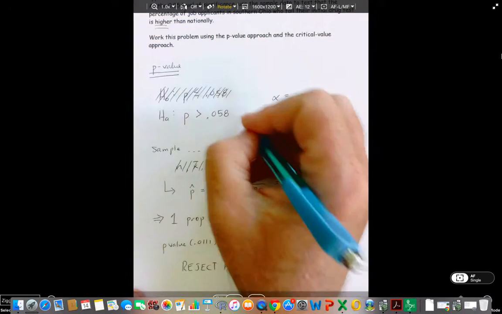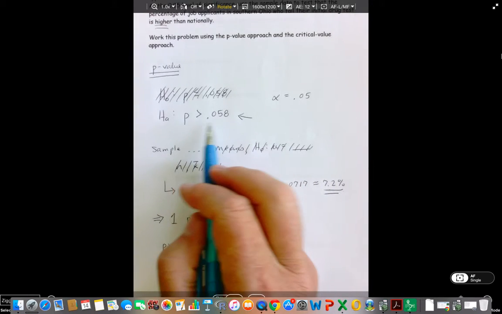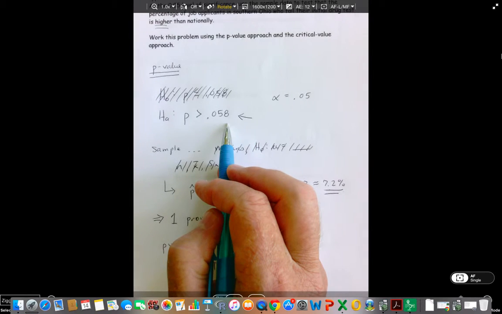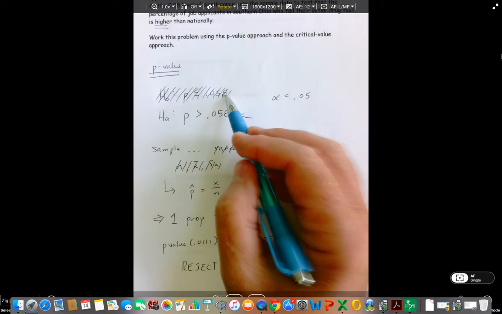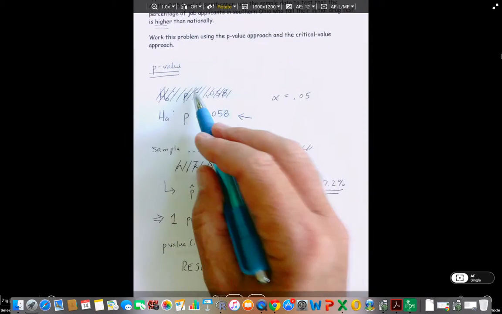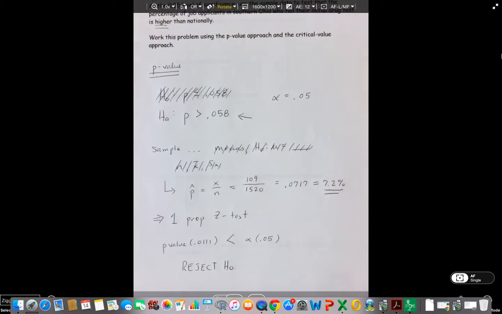There is significant evidence to support that the percentage of applicants who fail their initial drug screening is higher in Southern Ohio than the national claim of 5.8%. We reject the null. We reject the claim that it is 5.8% or lower. And we conclude the alternative here, that it is higher than 5.8%.